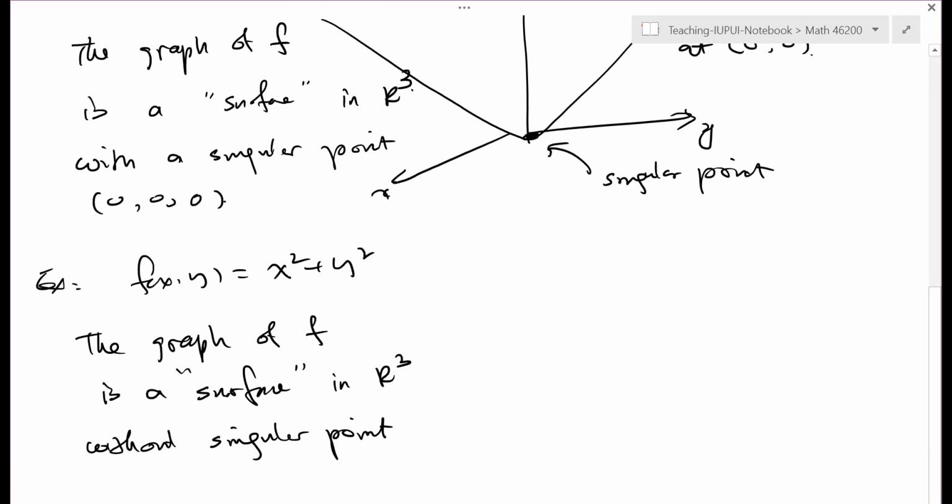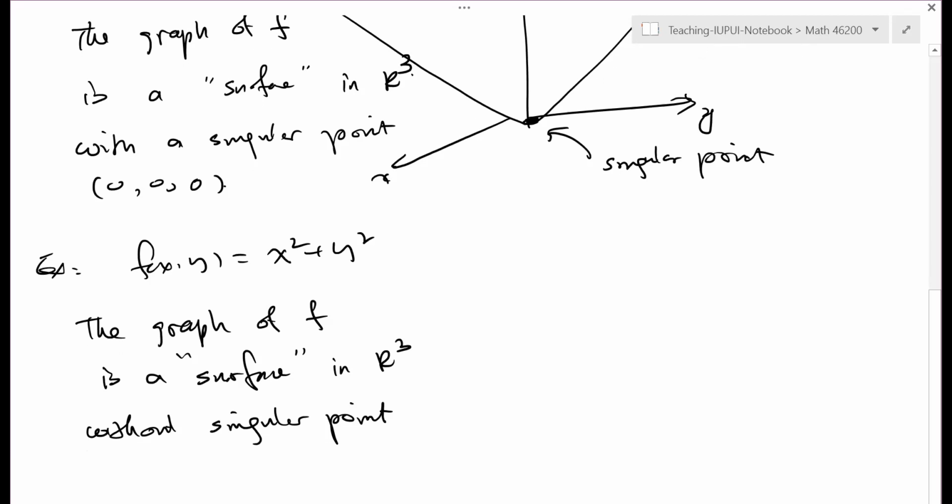Then I'm going to introduce the notion of curvature. The curvature is not defined at a singular point. You cannot talk about curvature there. The same is true for a curve: if there's a singular point on a curve, you cannot talk about curvature at that point.